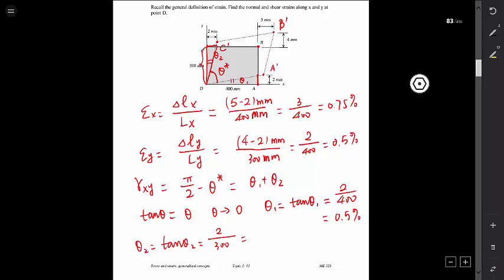That equals 0.67%. So then gamma xy just equals theta 1 plus theta 2. That equals 1.17%. So this solved the problem.